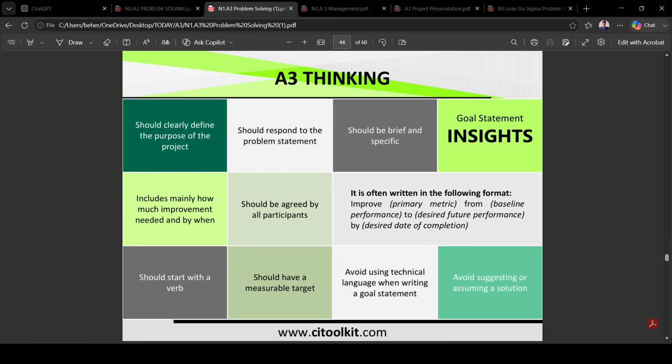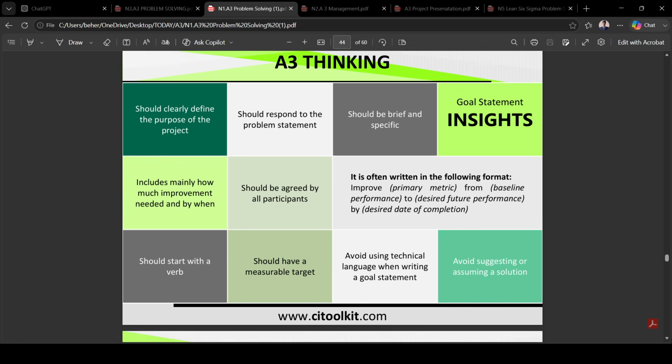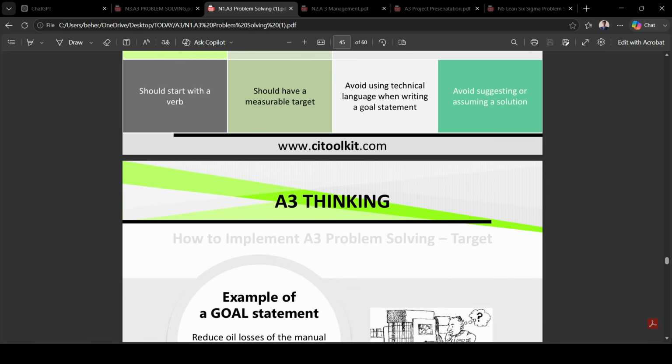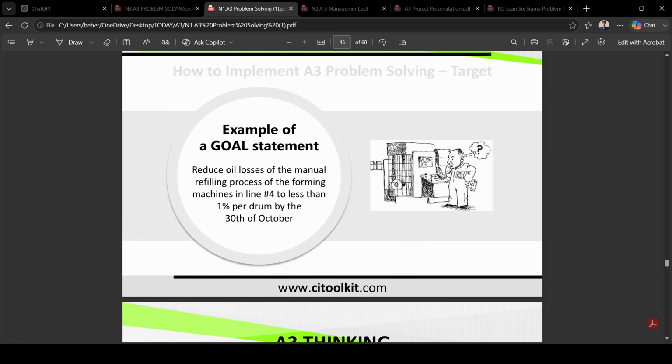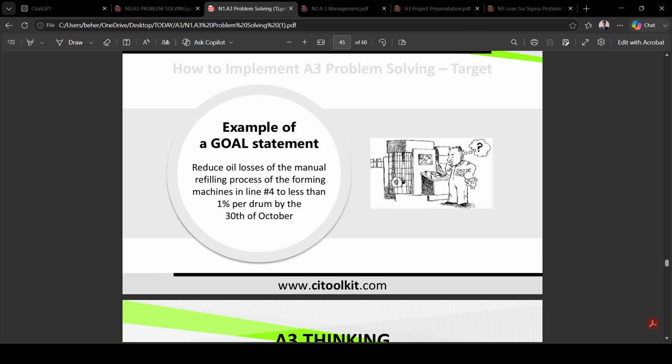The statement should start with a verb, should be a measurable target, avoid using technical language when writing a goal statement, and avoid suggesting or assuming a solution. Example of a goal statement: reduce oil losses of the manual refilling process of the farming machine in line 4 to less than 1% per drum, by 13th of October.